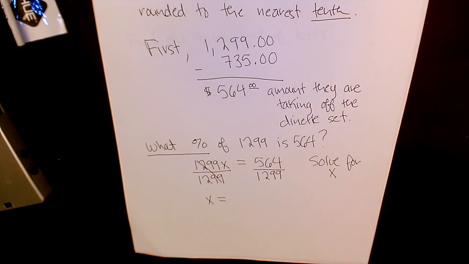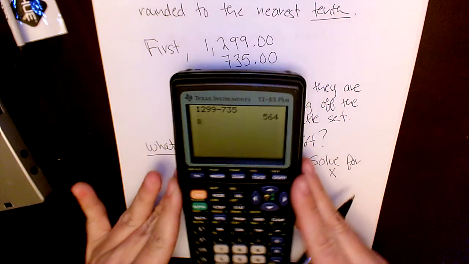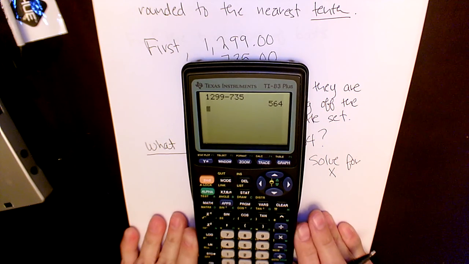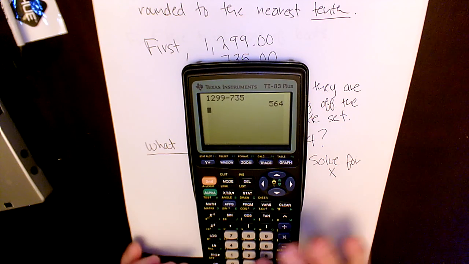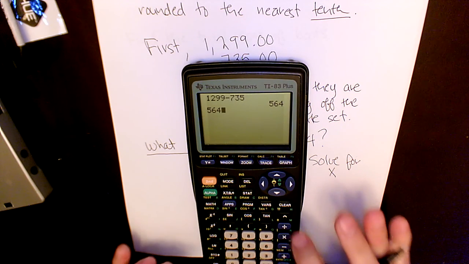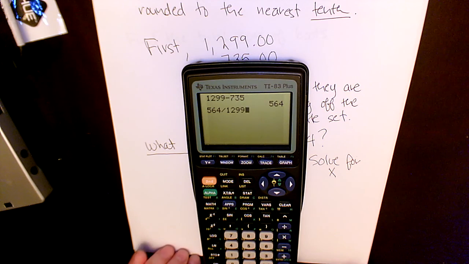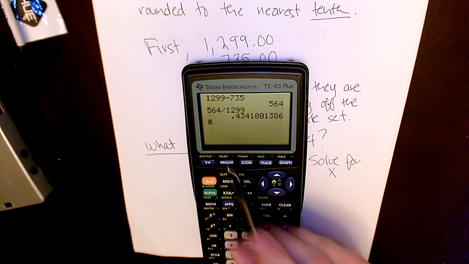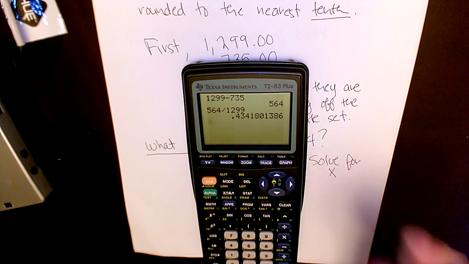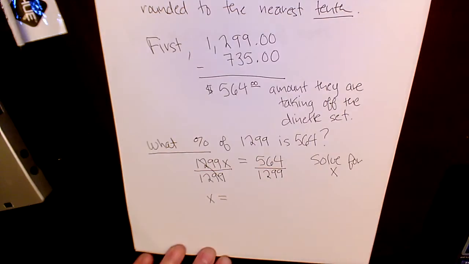Let's punch that in. 564 divided by 1299. Let's take it out a couple spots. Let's just say 0.434.